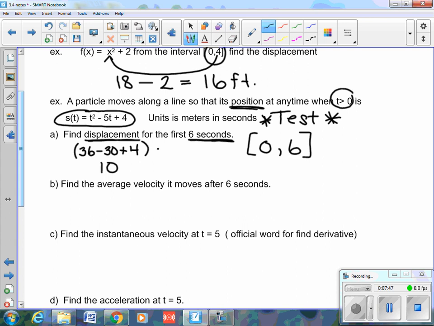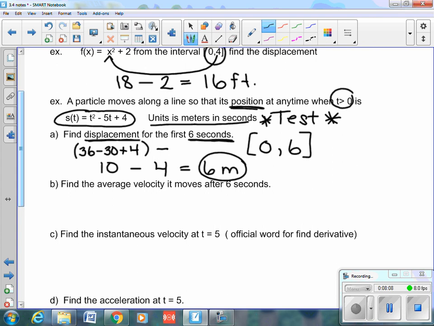And you're going to subtract it from what you get when you put 0 in: this comes out to be 0, this comes out to be 0, so you have 4. So find the displacement for the first 6 seconds. It moved 6 units, and since it's meters and seconds, it moved 6 meters.